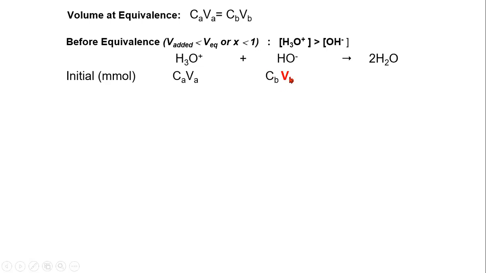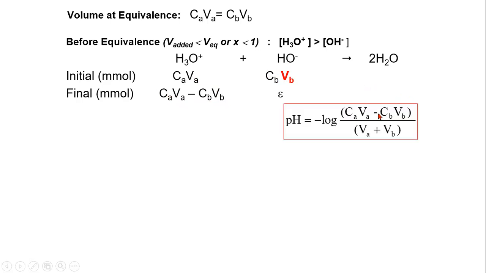So there's going to be less base than acid. So that amount is going to tend to 0, or epsilon. And I subtract the limiting from my excess reagent, so my excess is CAVA minus CBVB. Of course, water is always in excess, so we don't put a concentration for it.